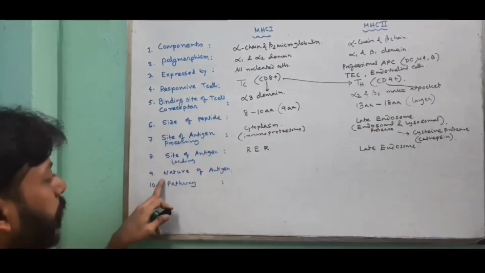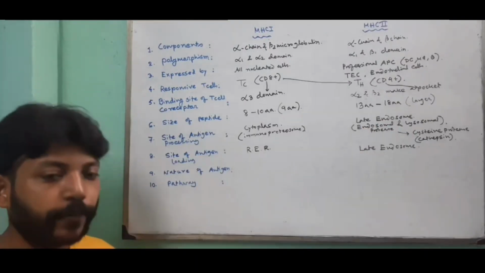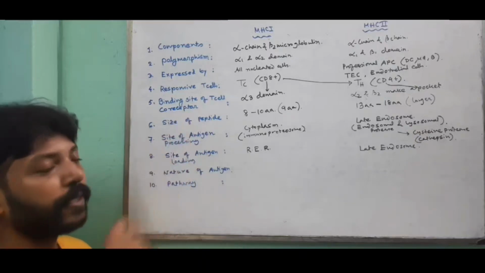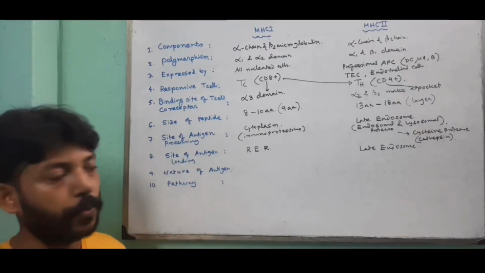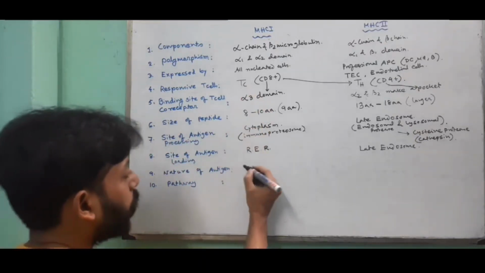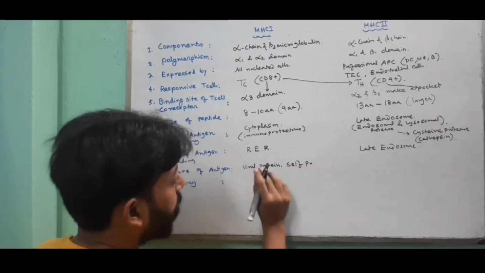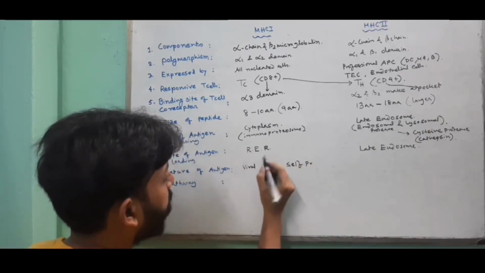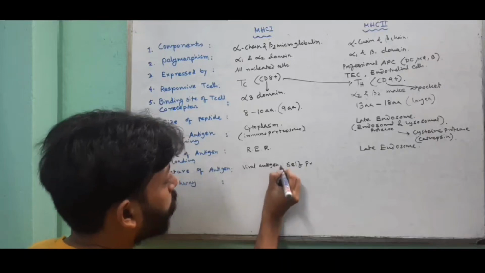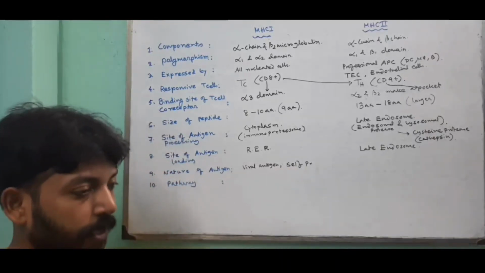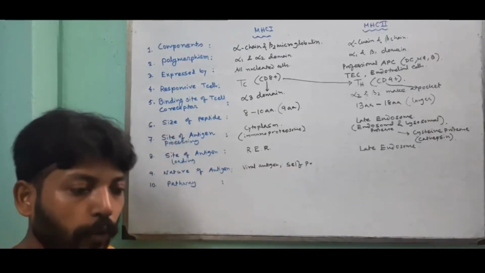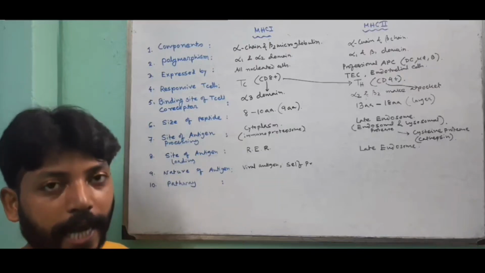The next point is nature of antigen. Which type of antigen are presented by class 1 MHC molecule and class 2 MHC molecule? In case of class 1 MHC molecule, viral protein, self protein or self antigen, you can write it viral antigen. Actually these are protein in nature because I have mentioned that MHC molecule can only present peptide antigen.